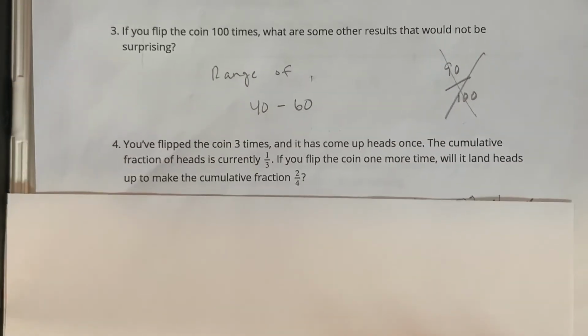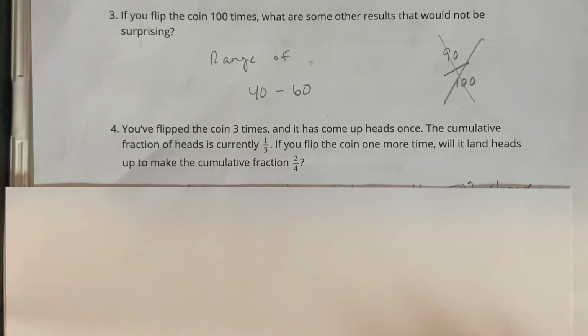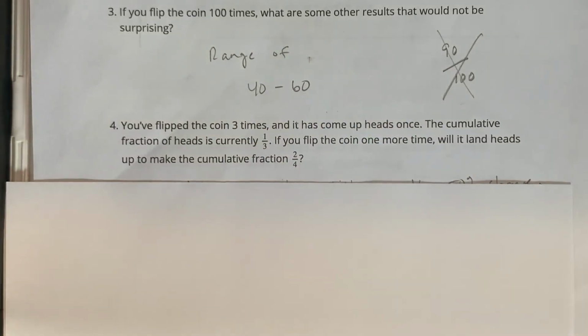All right, last question. Okay, this is actually an interesting one. If you flip the coin 3 times and it's come up heads once, right? So the cumulative fraction would be 1 out of 3. If you flip the coin 1 more time, will it land heads up to make a cumulative fraction of 2 out of 4?